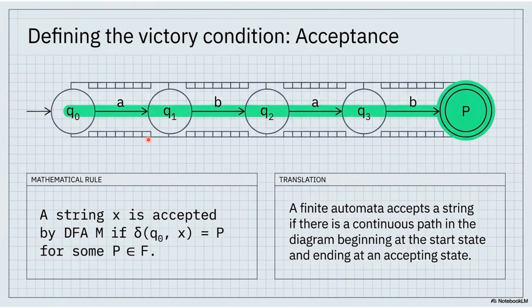In this example, the string is A, B, A, B. The string moves from one state to another state, and when the final state is reached, the string is accepted. So del of Q naught comma X, where X represents the symbol and P represents the state. Then, in the next slide.